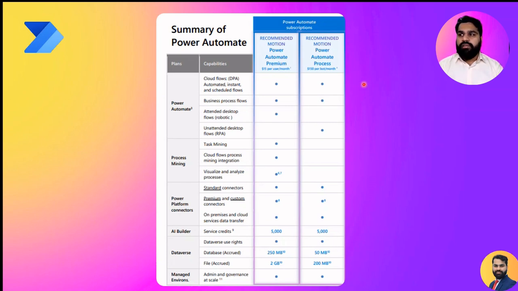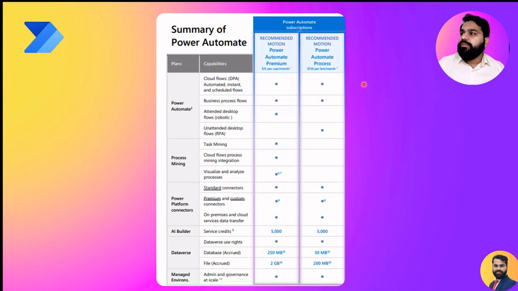Because, as we already talked about, any Power Apps triggered Power Automate runs under the context of the user who is clicking the button on Power Apps, and this user already has the Power Apps premium licensing allocated. So at the end, they don't need the Power Automate premium license.